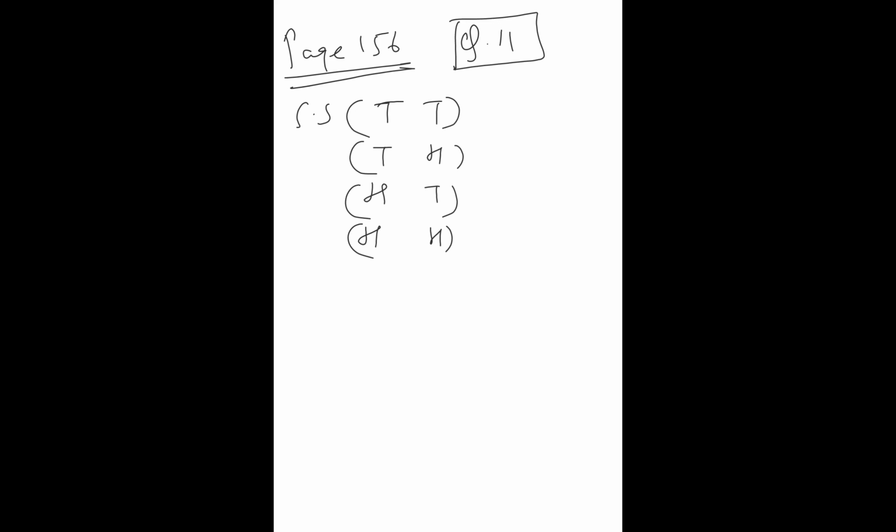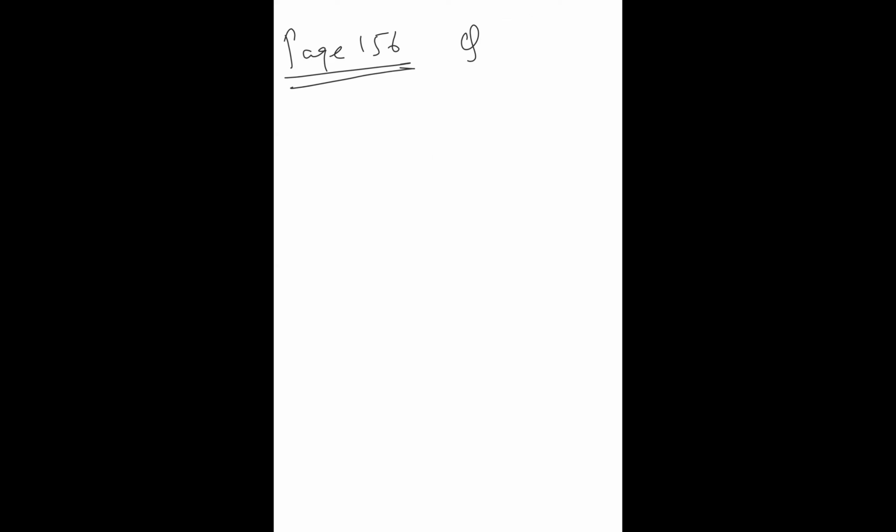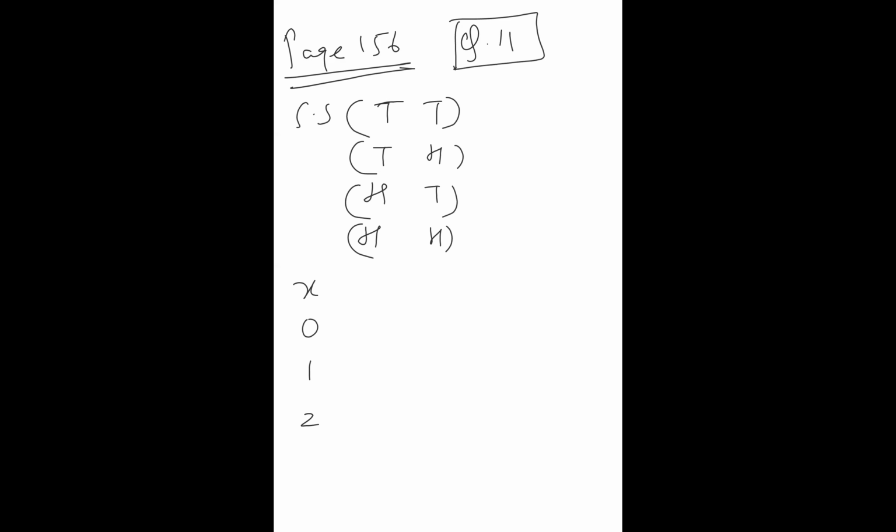He wins rupees 10 if two heads appear. Okay, so this time x is equal to 0, 1 and 2. Why are we taking x as 0, 1 and 2? Because when two tosses are done, the number of heads can be 0 out of the two tosses, or it can be 1 out of the two tosses, or it can be both heads in two tosses.